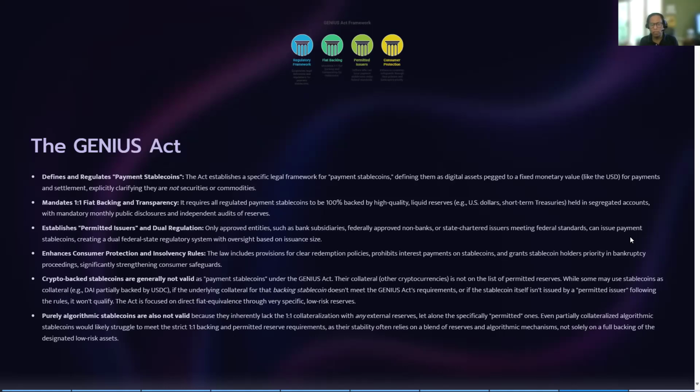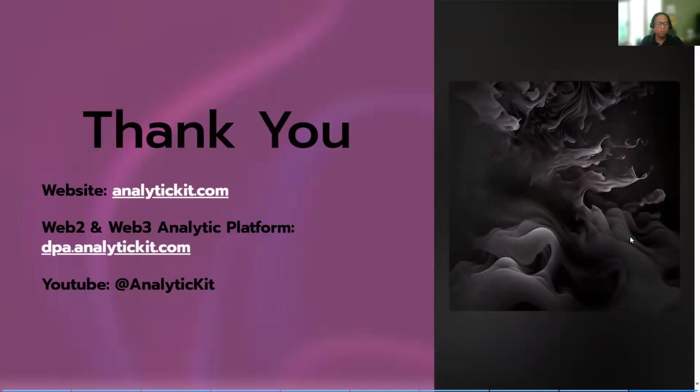It has to be pegged against the US dollar or short-term treasuries, whatever is stipulated in the detailed Genius Act. The companies need to follow that so that they can have a valid stable coin that is backed by the US government. So that's all I want to discuss in this video.